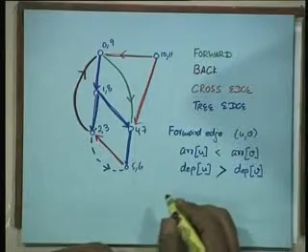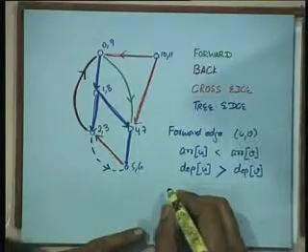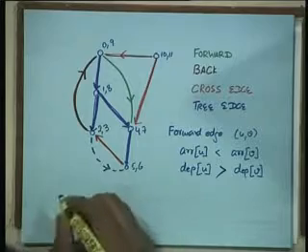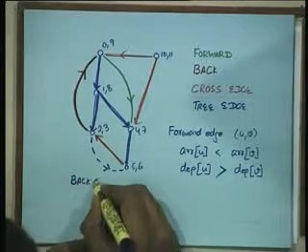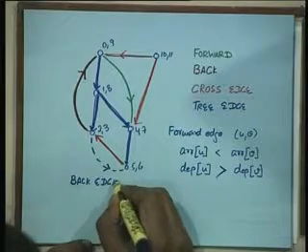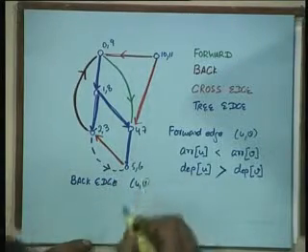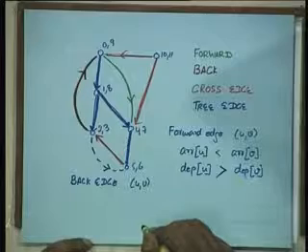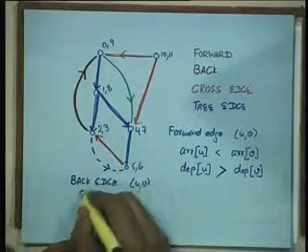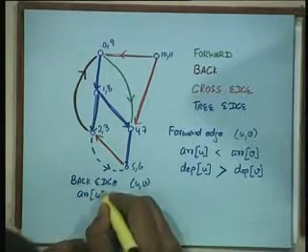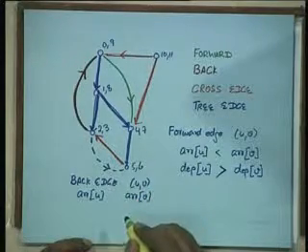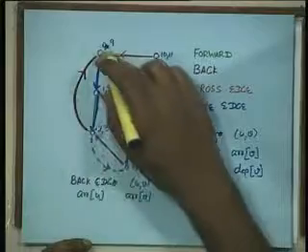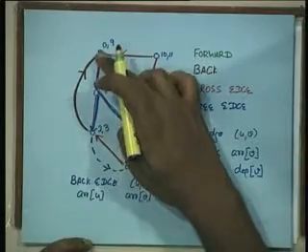I can play the same game. Let me now say it for a back edge. Once again, I have a uv back edge. So, arrival of u versus arrival of v, which is smaller? This is a back edge, this is u, this is v.